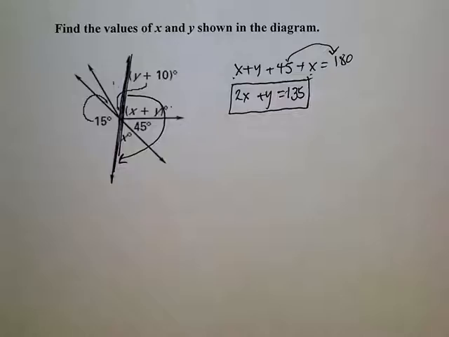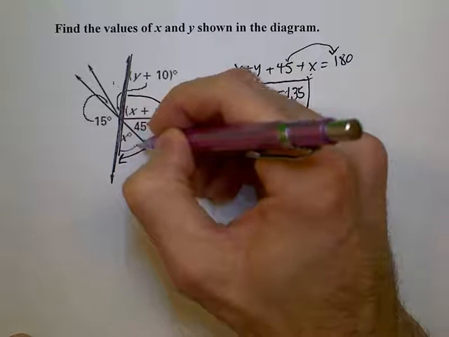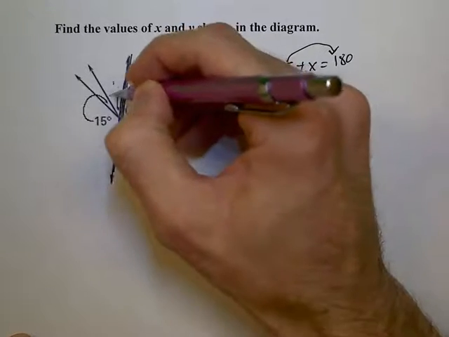So to get a second equation, you want to do the same kind of thing. Is there a set of vertical angles in the picture? Or is there another line that we can set up to make 180 degrees or something like that? Okay, so you're going this one here together with y plus 10.